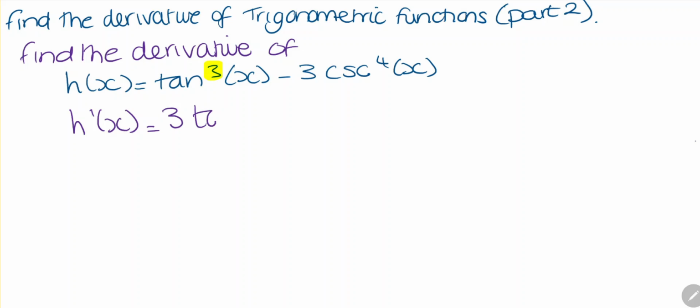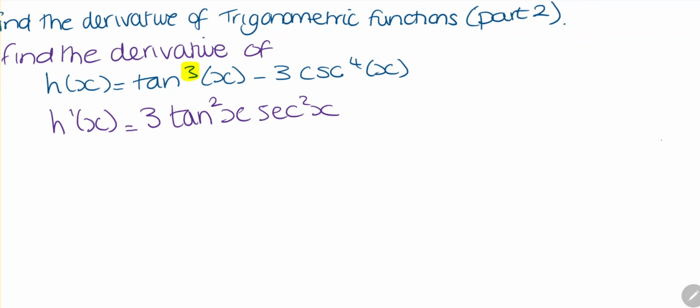Now we're going to take 1 from the power, so this is 2. And this is how we write it when we mean that it's all squared. We then need to multiply by the derivative of tan of x, so this is going to be secant squared of x.